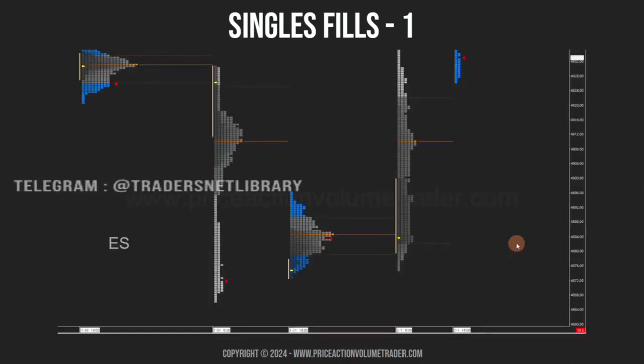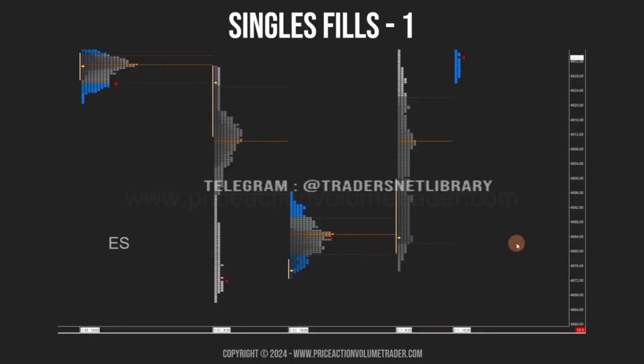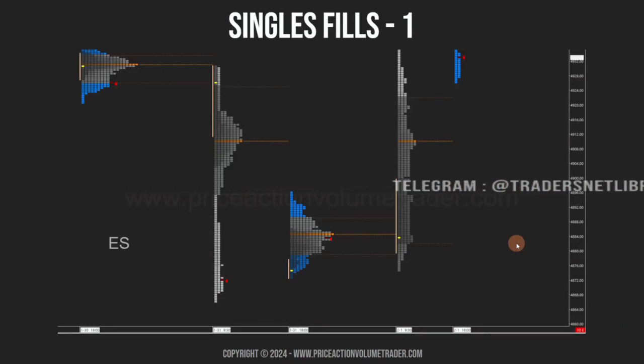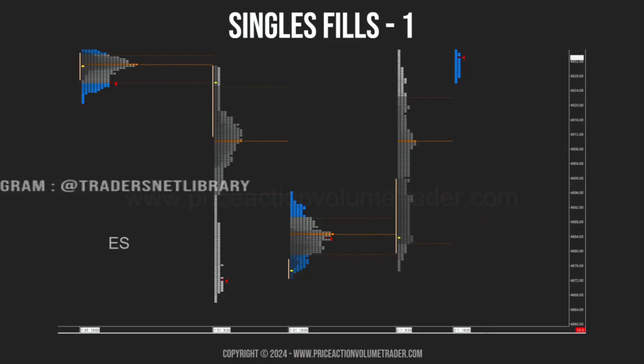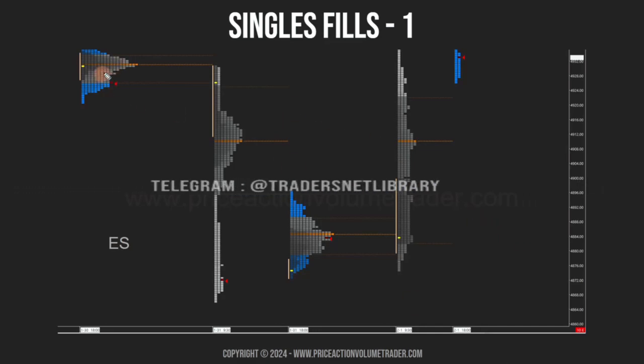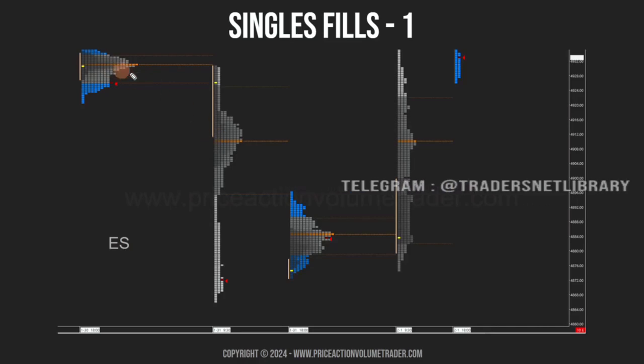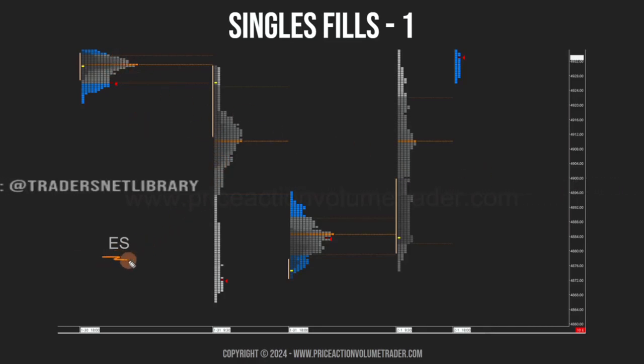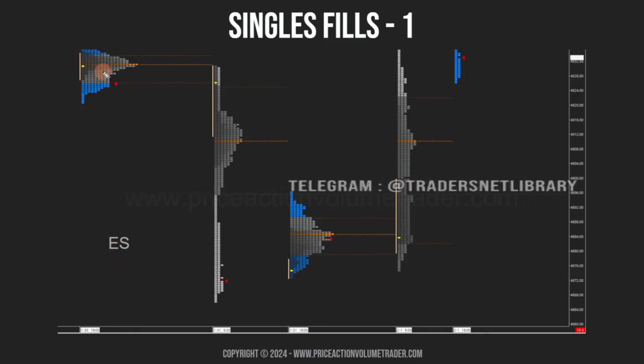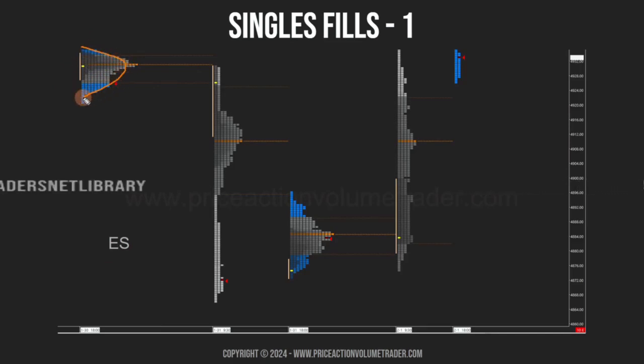So let's start looking at some examples of how we can use this for our trading and how I like to use it for targets. Right over here, we're looking at individual session profiles on the S&P 500 market, and we had an overnight extended hours profile here, pretty balanced.